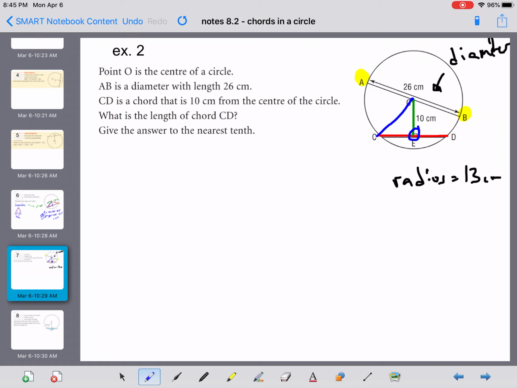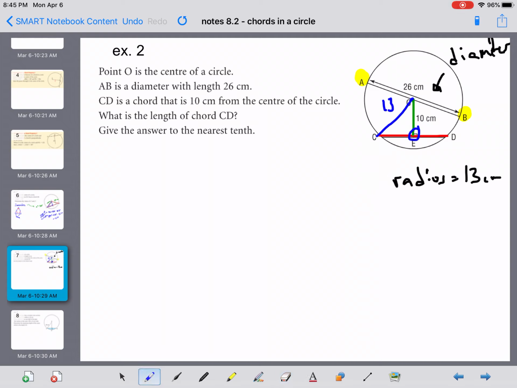That line is a radius, and our radius is 13 centimeters. So now I have a right angled triangle. One edge is 10 centimeters, another edge is 13 centimeters, and the big thing I have to decide is where my hypotenuse is.